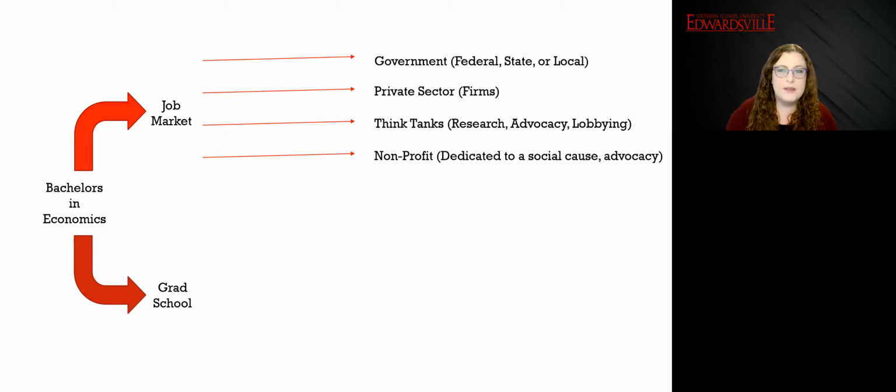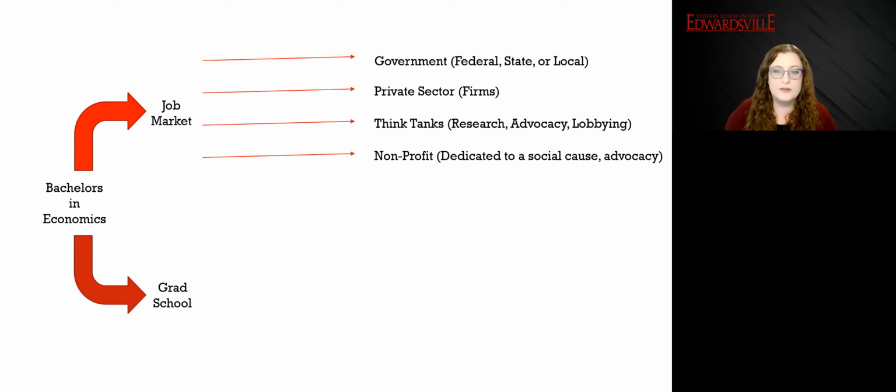Government by far is the biggest hirer of economists because there is economists at every single federal, state, and local agency, right? That's something that is highly needed by government. We have students and also people that I just know as economists who have ended up working at the Census or the Federal Reserve or the USDA or many other different government organizations.